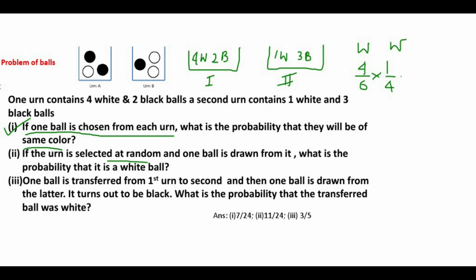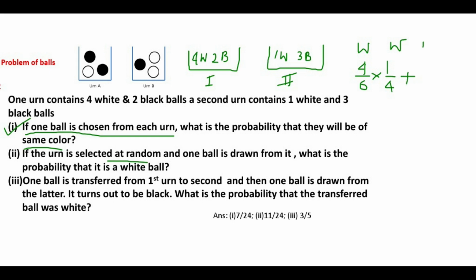So it's an intersection event. That means this has to happen and this also has to happen. Okay, intersection is to be considered, and since they are independent events, we just multiply their probabilities. But in another way also we can get the same color, that is if both are black.